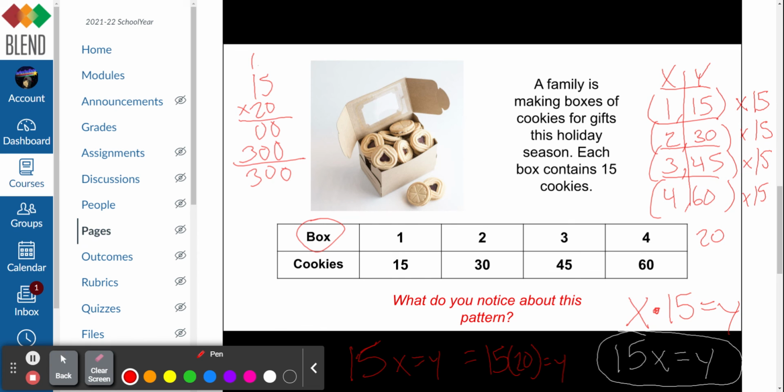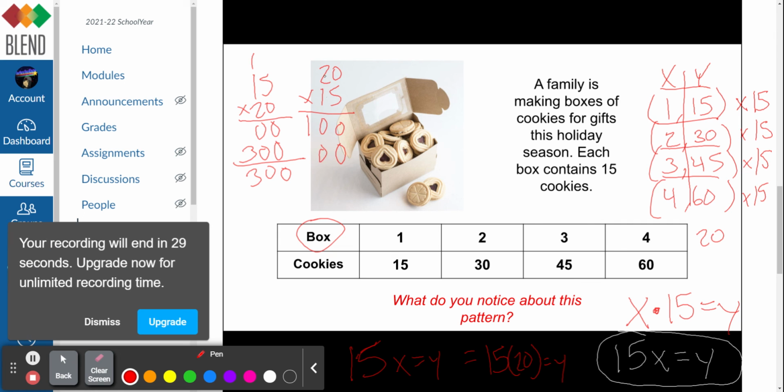I think I made a mistake. Let's try this again. It's early. Don't judge me. 5 times 0 is 0. 5 times 2 is 10. All right, second line, ones place 0. 1 times 0 is 0. 1 times 2 is... No, okay. We're right. 20 groups of 15 is 300. That works.